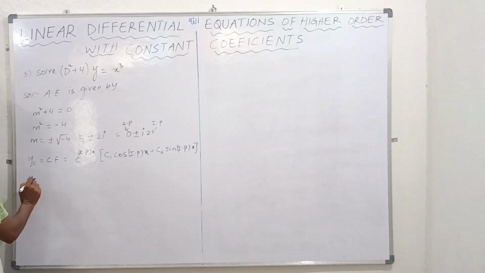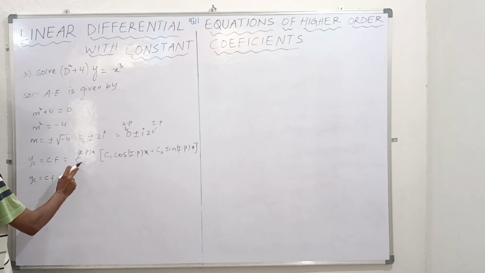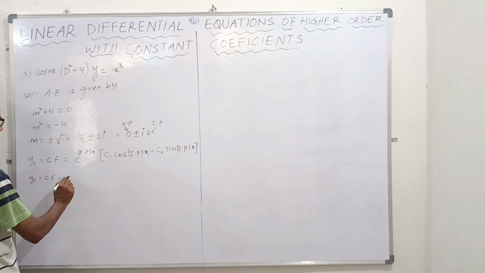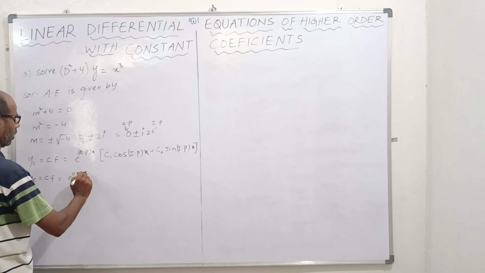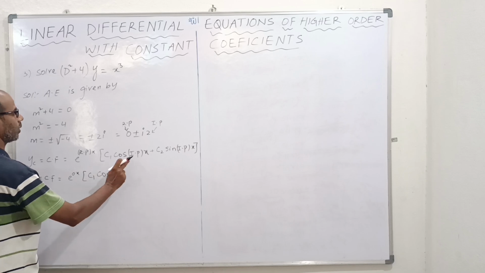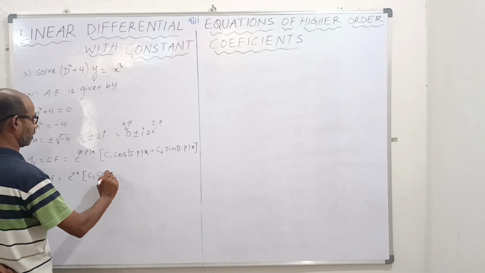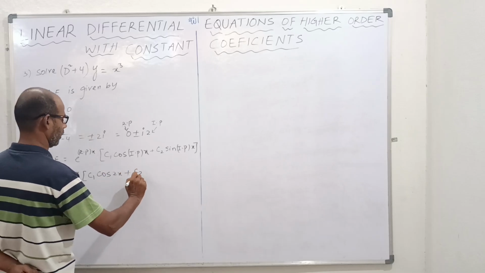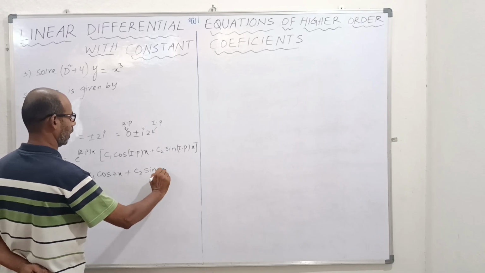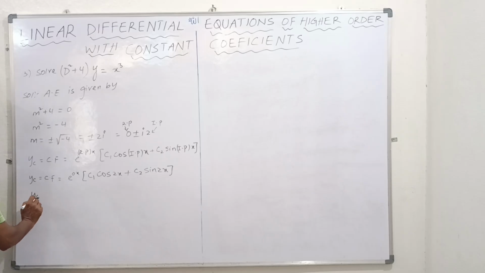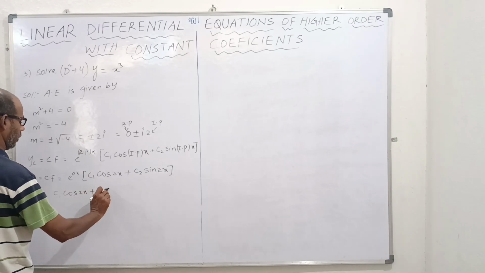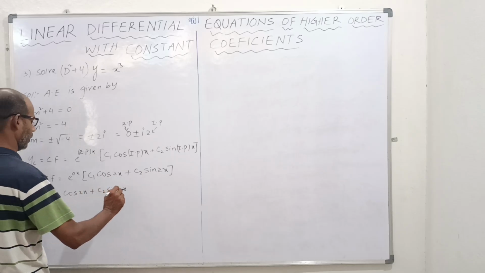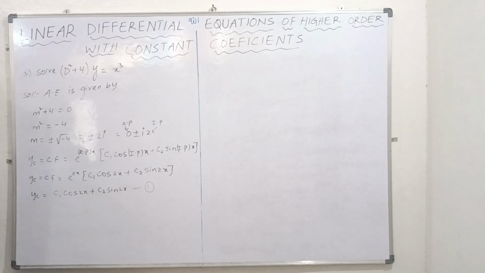Therefore yc is equals to e power 0 into x, which is 1, so we need not write it. So yc is equals to c1 cos 2x plus c2 sine 2x. This is yc.